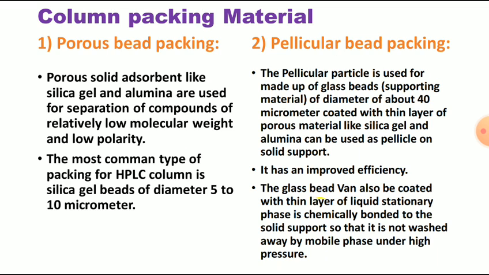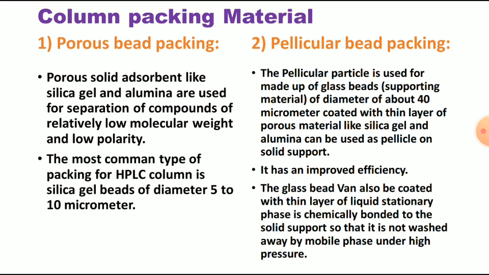The glass bead can also be coated with a thin layer of liquid stationary phase that is chemically bonded to the solid support, so that it is not washed away by the mobile phase under high pressure.